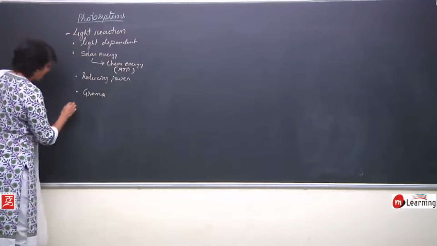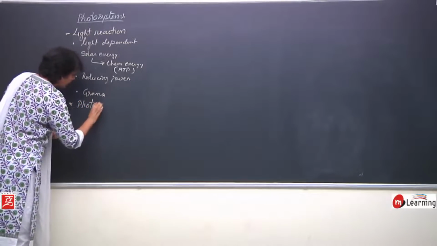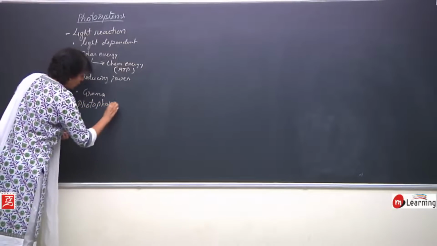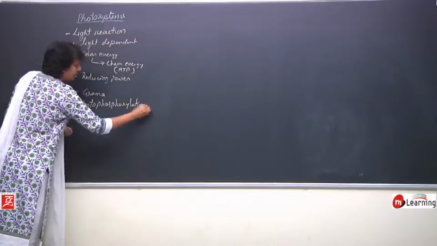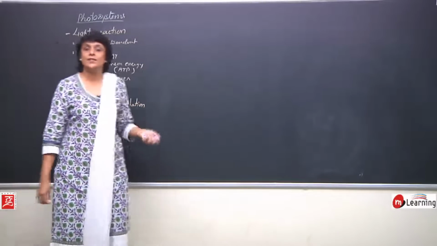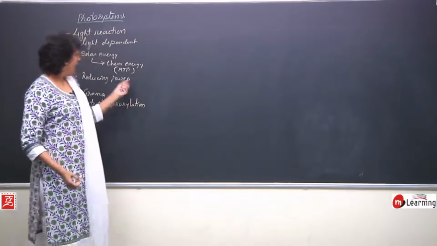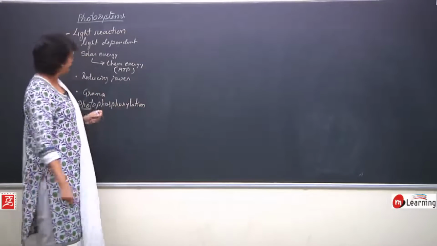So this light reaction is also known as photophosphorylation. Photo is because it is light dependent, and phosphorylation is addition of phosphorus. Addition of phosphorus is to ADP, so that it forms ATP.